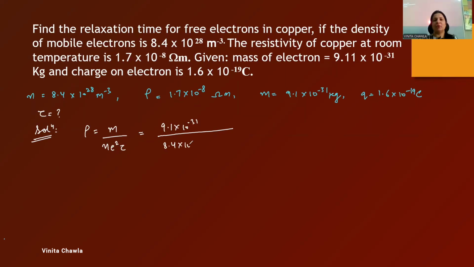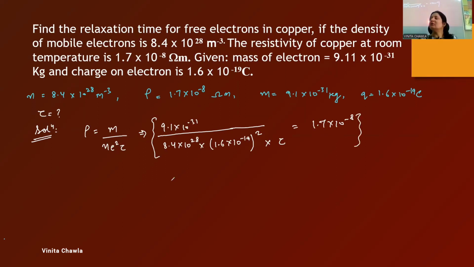It is 8.4 into 10 power 28. Charge on one electron is 1.6 into 10 power minus 19. So it is e square now, so we'll just square this, and tau. The relaxation time we have to find out. And rho is the resistivity. It is given. It is 1.7 into 10 power minus 8.